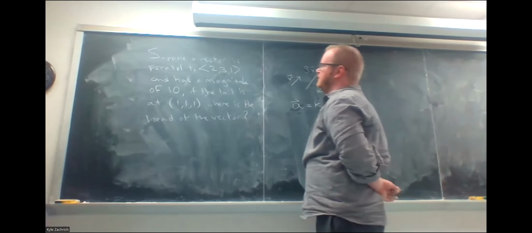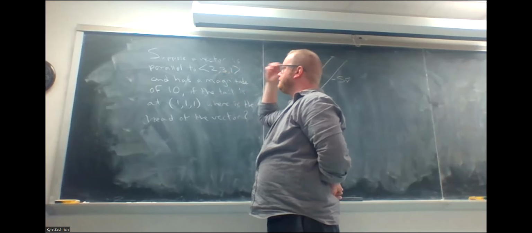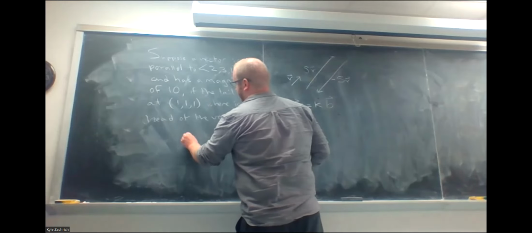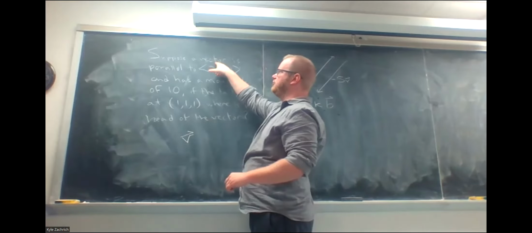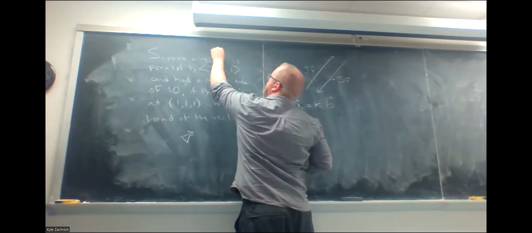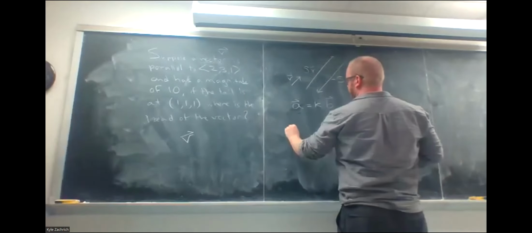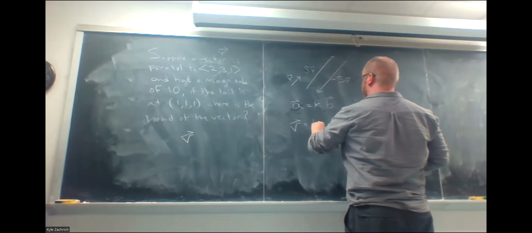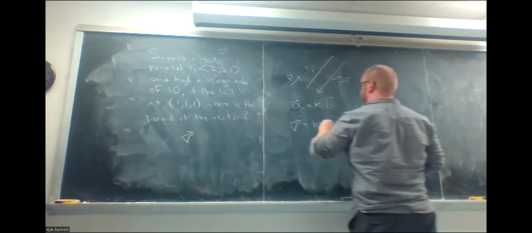So talking about this vector being parallel to some other vector, let's say the vector we're trying to find is v, that's the one we're trying to find. So we could say, first of all, that v is equal to k times this vector here, 2, 3, 1.